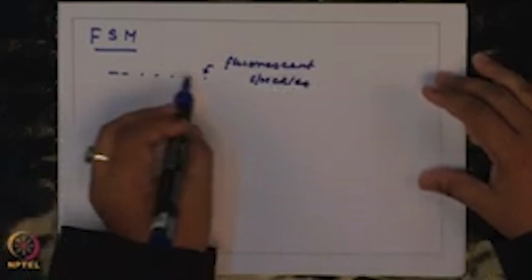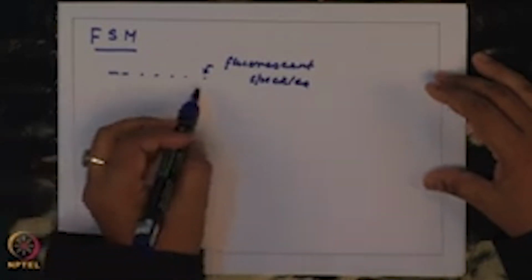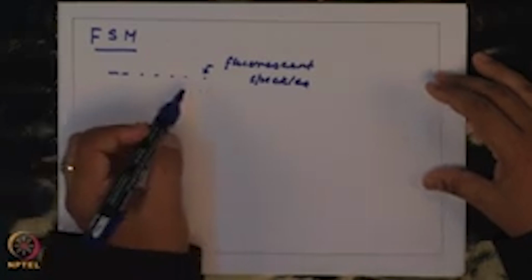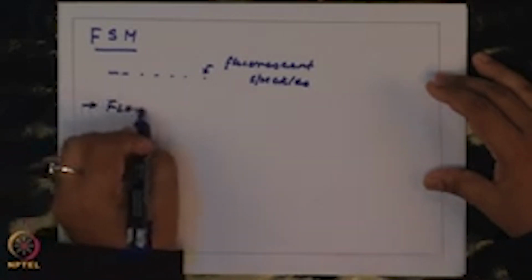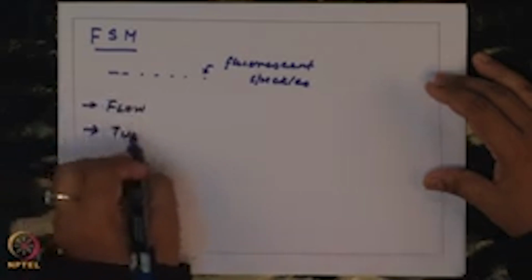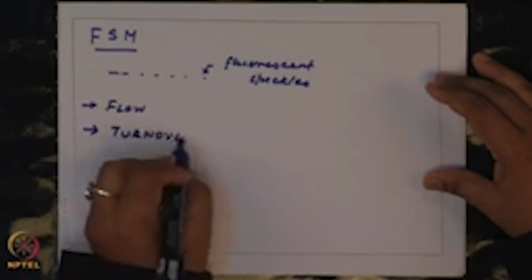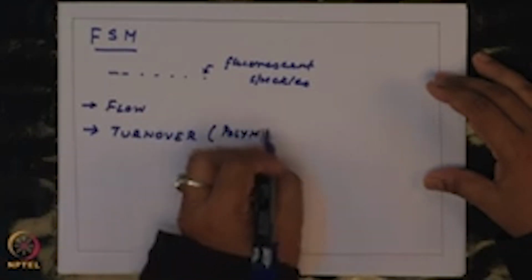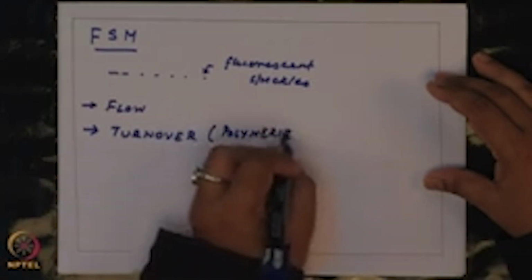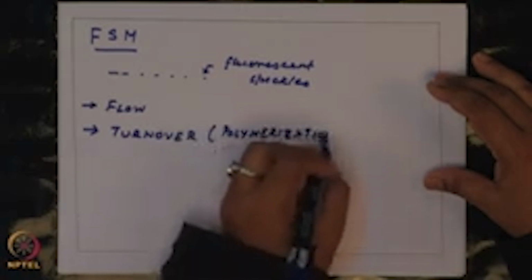By tracking the position and intensity of these speckles, you can get information about flow and turnover. By turnover, I mean either polymerization or depolymerization.